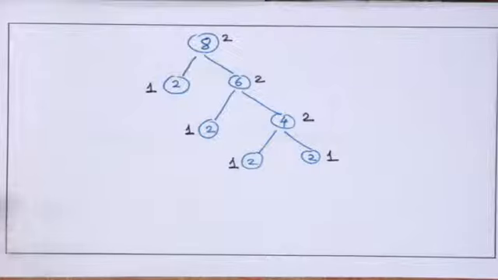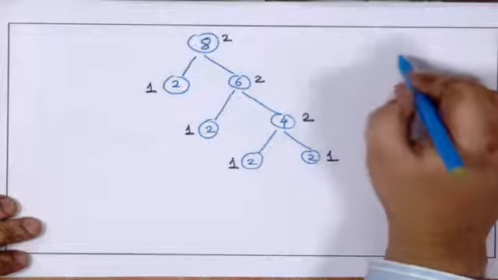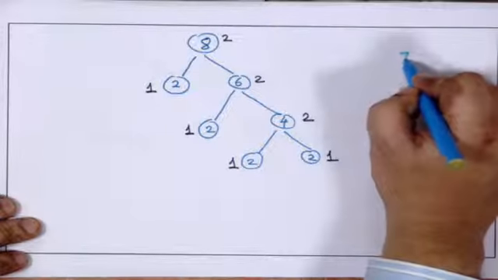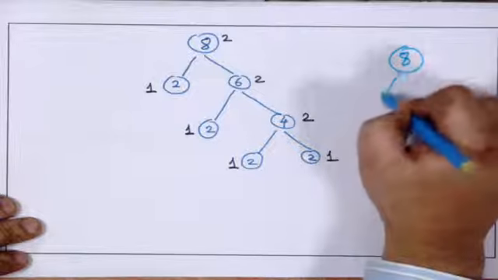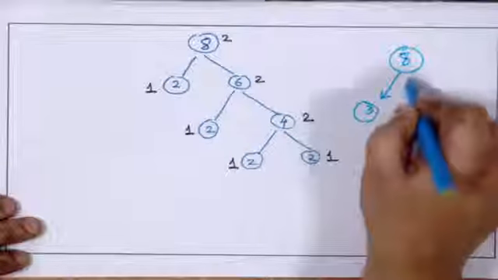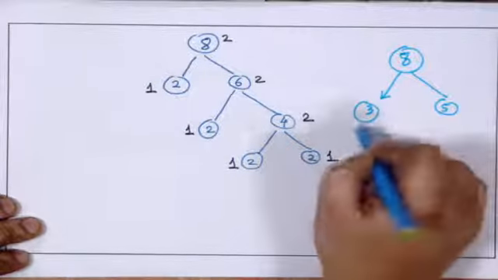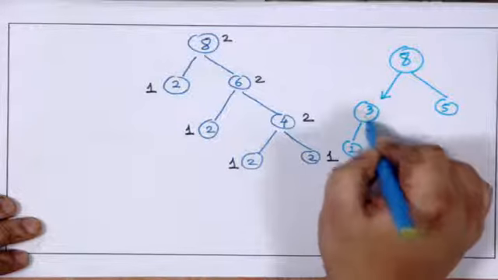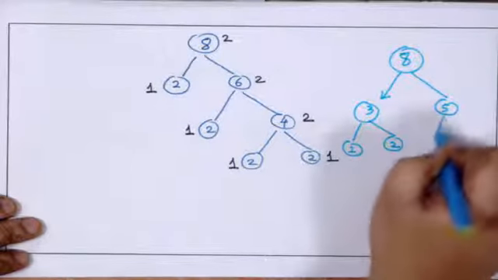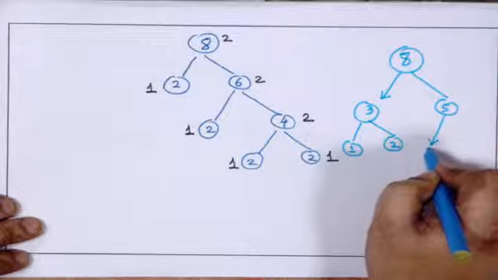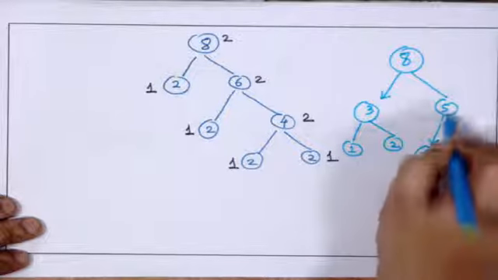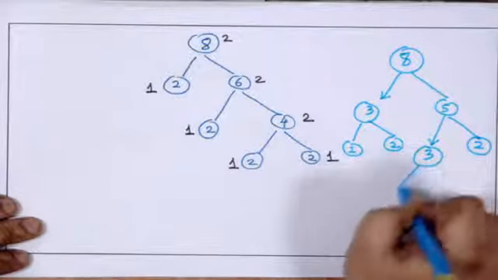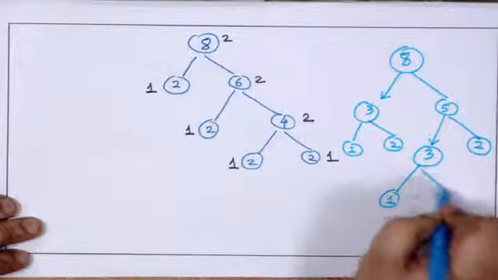On the other hand, suppose we had 8 elements and we had split it as 3, 5, then 1, 2, 3, 2, 1, 2.